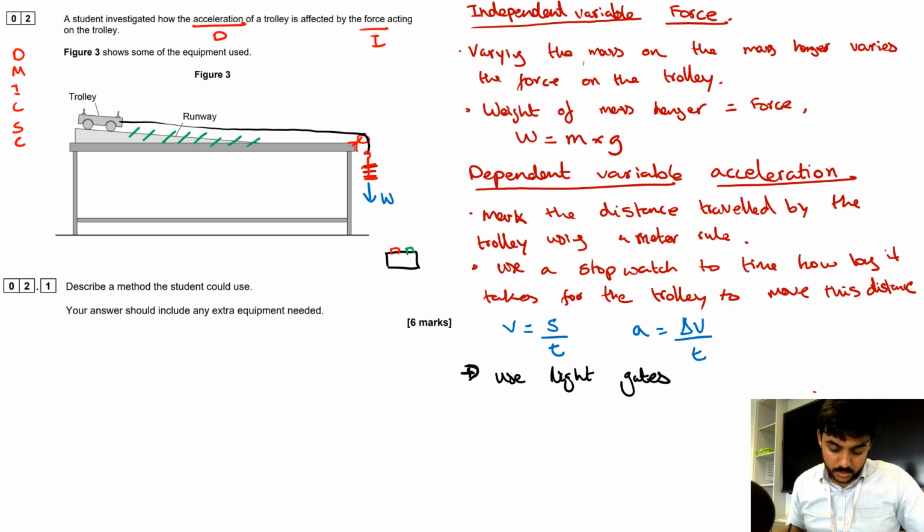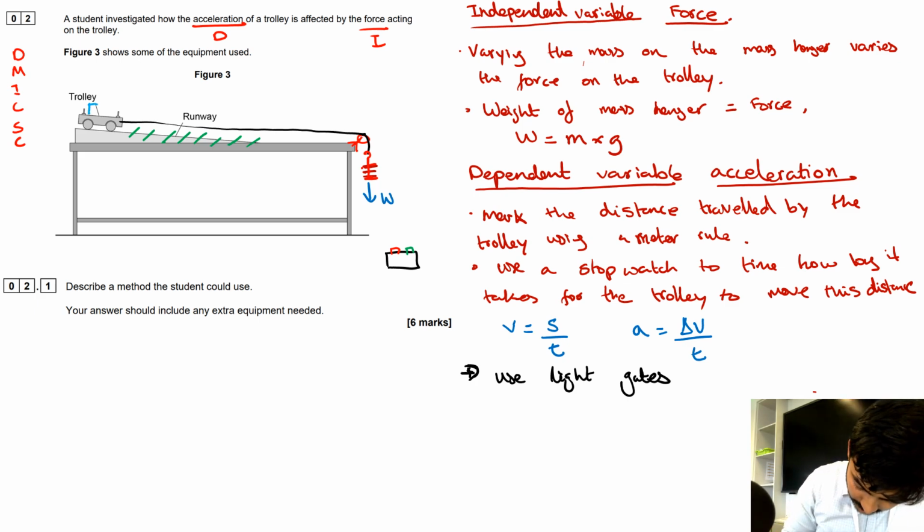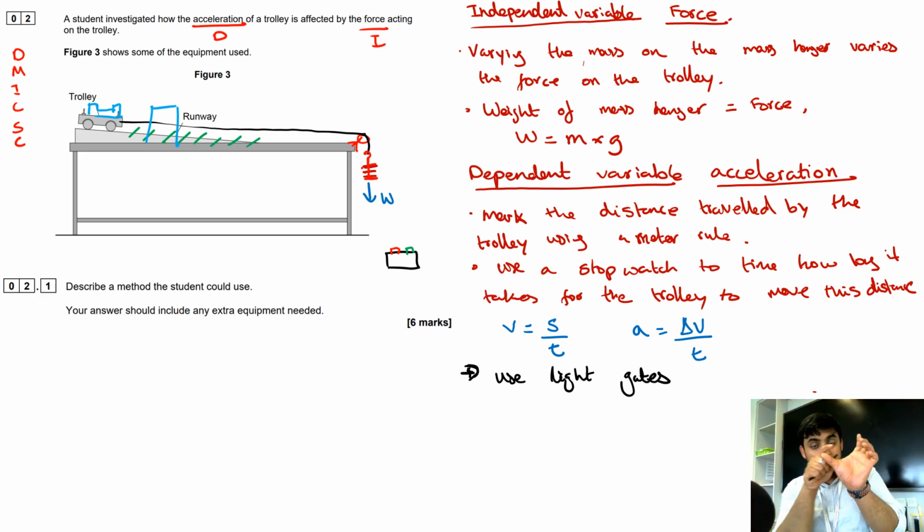And what do light gates do? Well, a light gate would attach a card onto the trolley, and two light gates, or maybe one light gate is enough if the trolley's distance is measured, or two light gates if we're putting it at the beginning and the end.